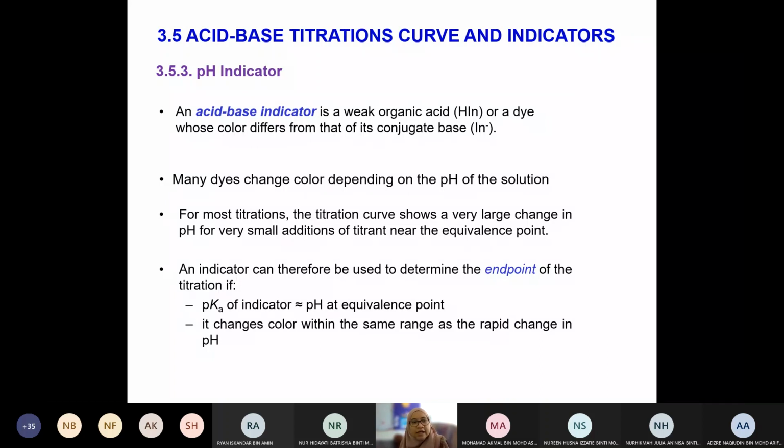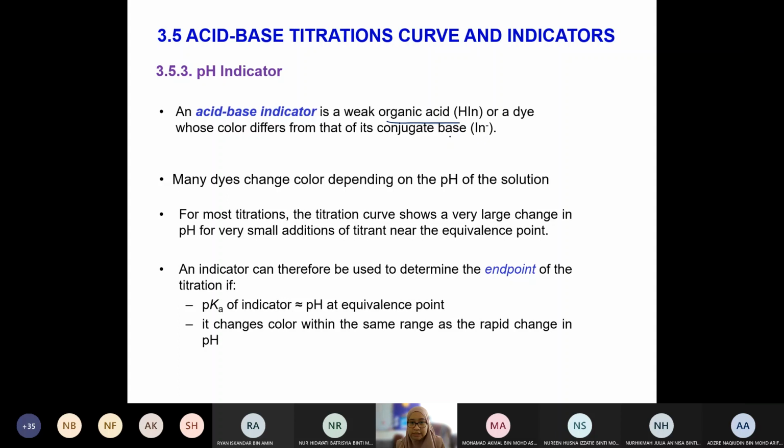pH indicators. What is an indicator? It is an acid-base indicator. This acid-base indicator is a weak organic acid, or a dye, whose color differs from that of its conjugate base.